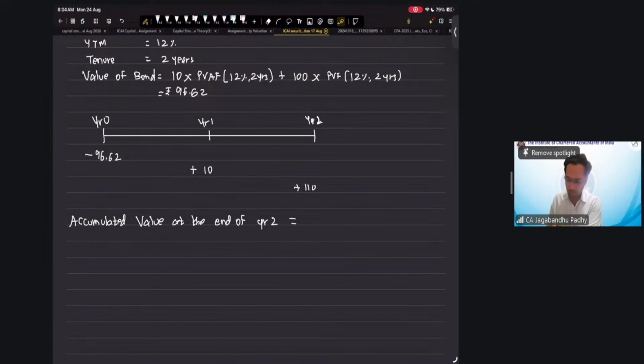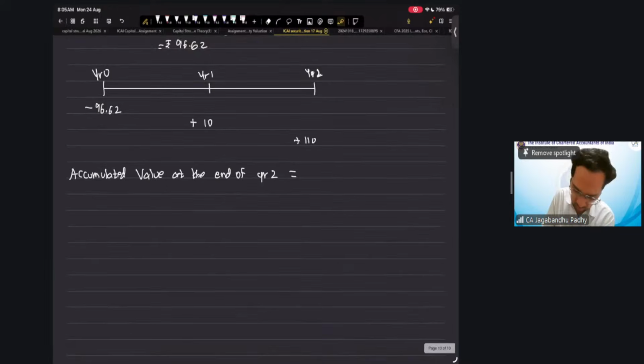So the accumulated value is actually dependent on what? It actually depends on the rate at which this is going to be reinvested, right?